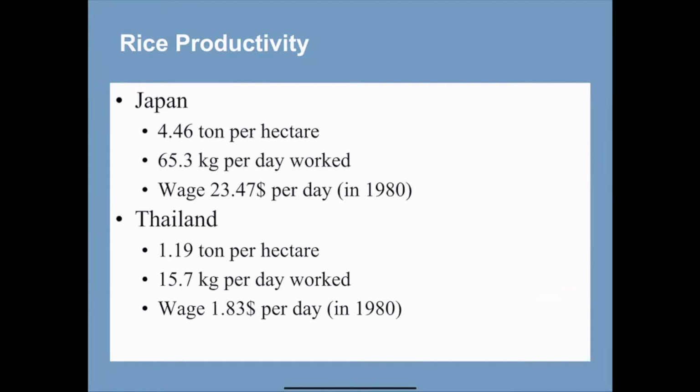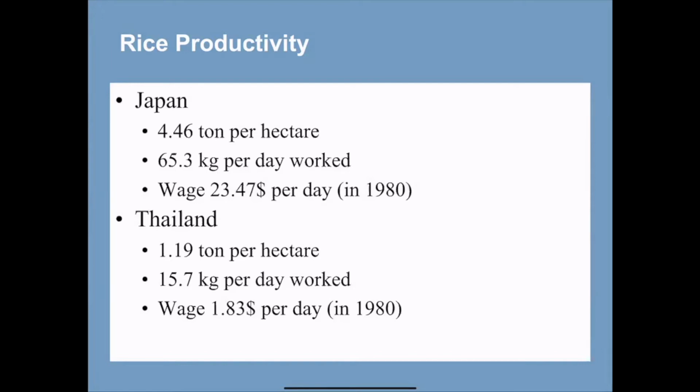Okay, for Japan in 1980, they produced 4 tons per hectare, while in Thailand, about 1.2 tons per hectare. So it's almost 4 times different.